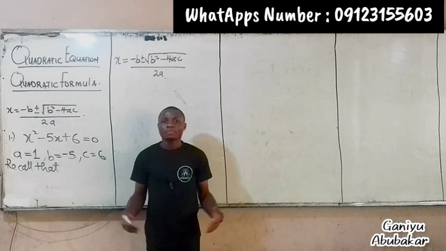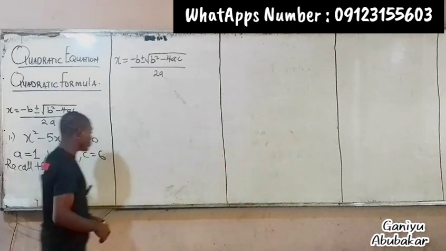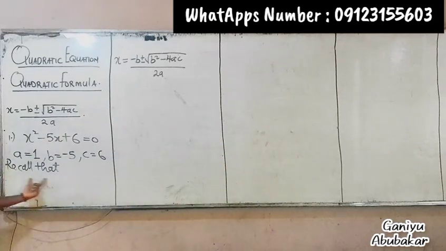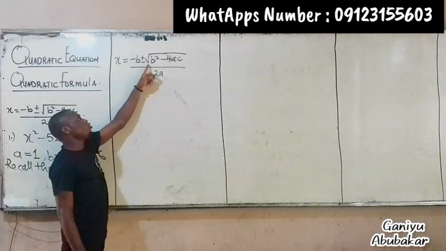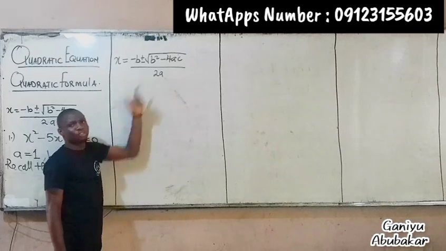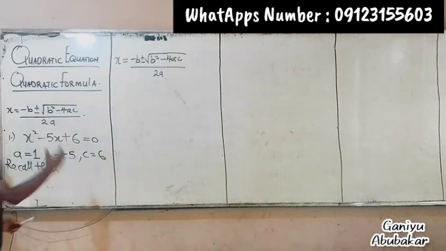Recall from the formula that x is equal to negative b plus or minus root b squared minus 4ac all over 2a. Let's put in the parameters.